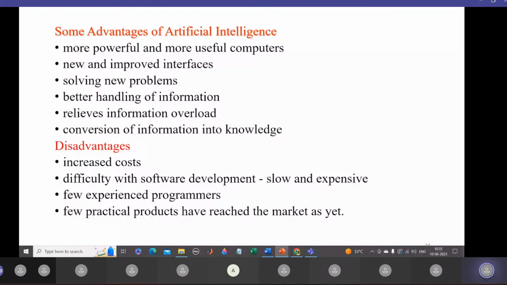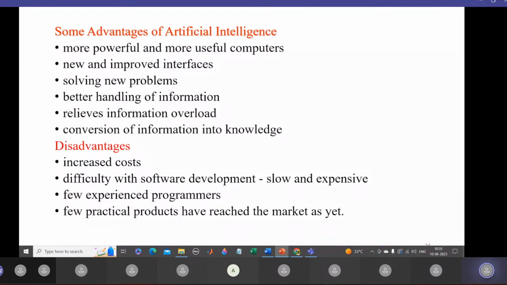It is more powerful and more useful computers, and new and improved interfaces, and it can solve new problems, and it can handle the information in a better way, and it can relieve you from the overloading of information, and it can convert the information into knowledge. So these are the advantages of artificial intelligence.